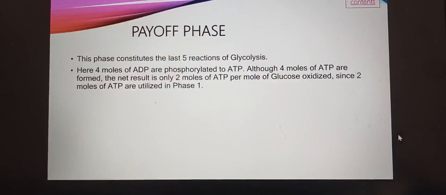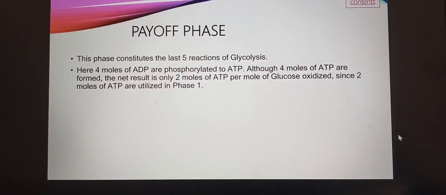Coming to the payoff phase, this phase constitutes the last reactions of glycolysis. Here 4 moles of ADP are phosphorylated to ATP, and although 4 moles of ATP are formed, the net result is only 2 moles of ATP per molecule of glucose oxidized, since 2 moles of ATP are utilized in phase 1.